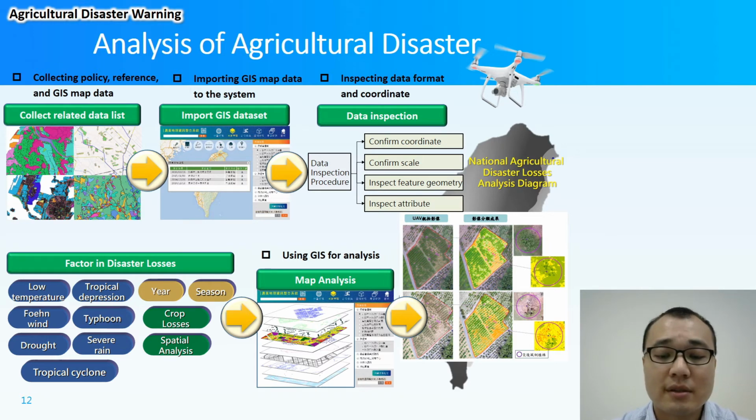We consider different disaster damage factors such as low temperature, high temperature, drought, heavy rain, and so on, in the analysis conditions, to let decision makers know the distribution area of these disasters and how much the impact is.